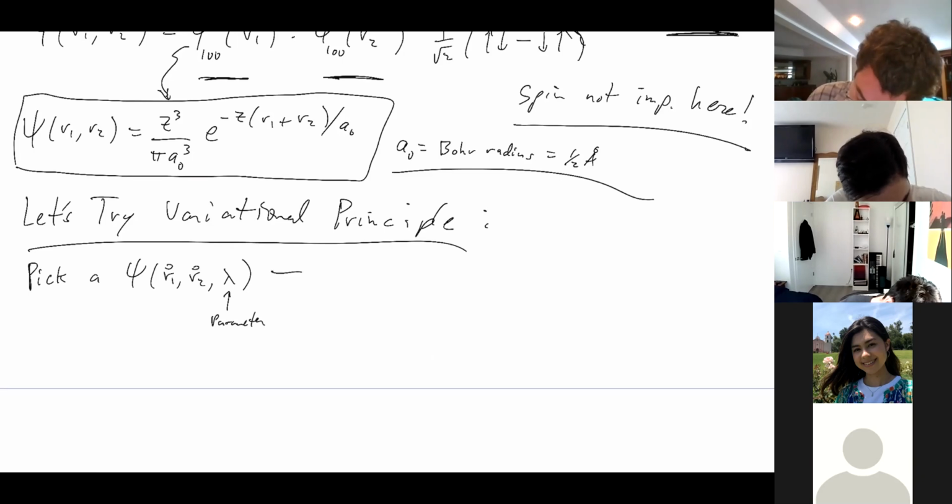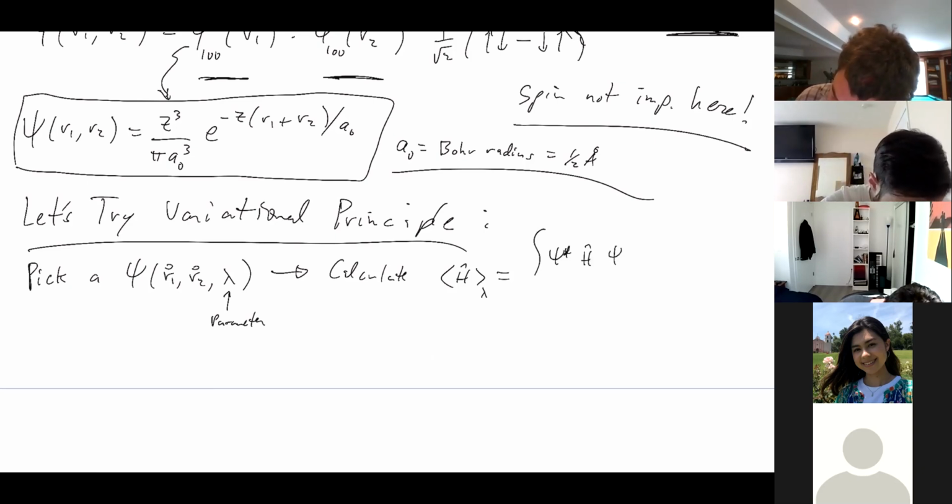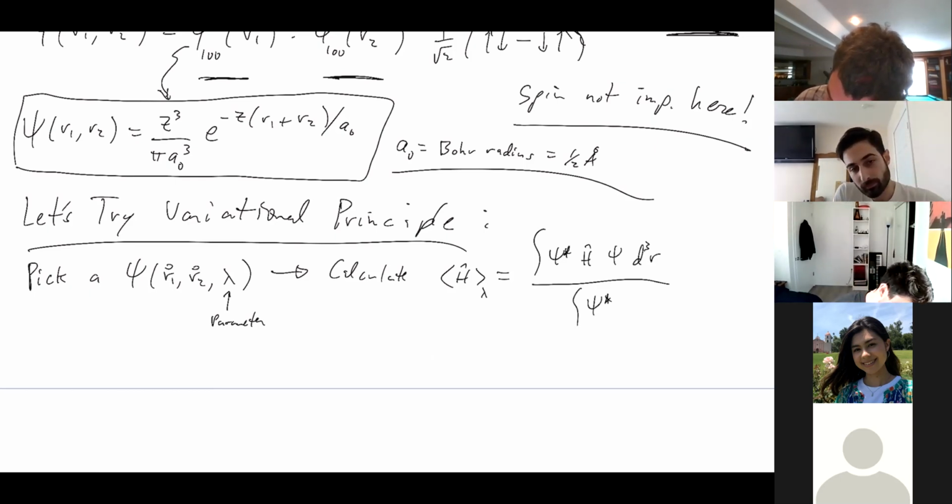And then what we're going to do is calculate the expectation value of the Hamiltonian for that state, and that's going to be the integral of psi star H psi d cubed r divided by the normalization factor, psi star psi d cubed r.